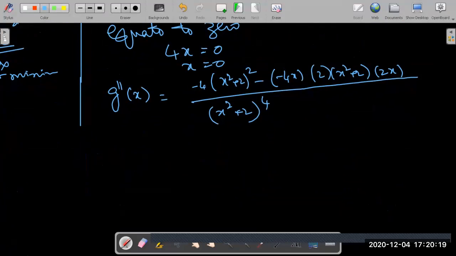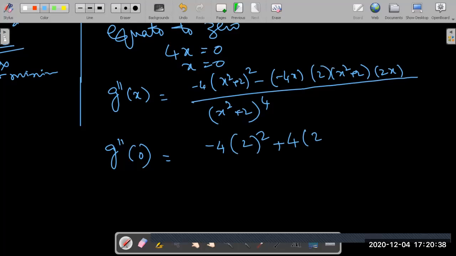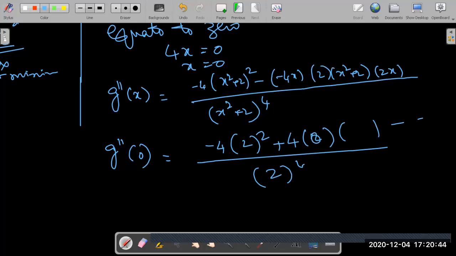Now we have to find the value of g double dash 0. G double dash 0, you substitute 0 into that. So you'll get minus 4 into (2) whole squared plus 4 into 0 into whatever, because it's 0, divided by 2 to the power of 4.